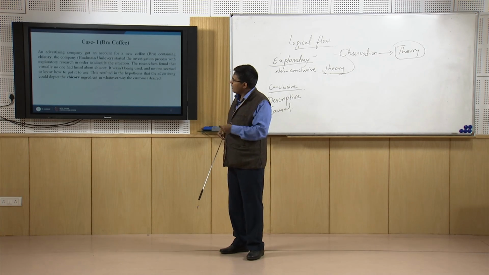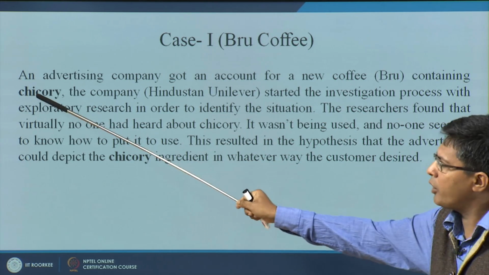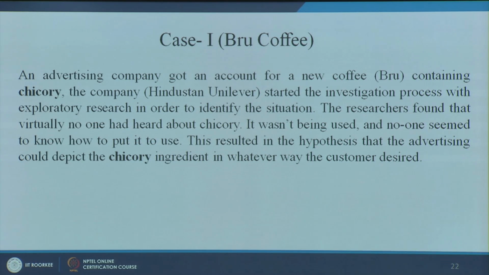Okay. Let us take this case. An advertising company got an account for a new coffee brew from Hindustan Unilever, earlier called HLL, Hindustan Lever, containing chicory. Now, chicory is an ingredient, right.